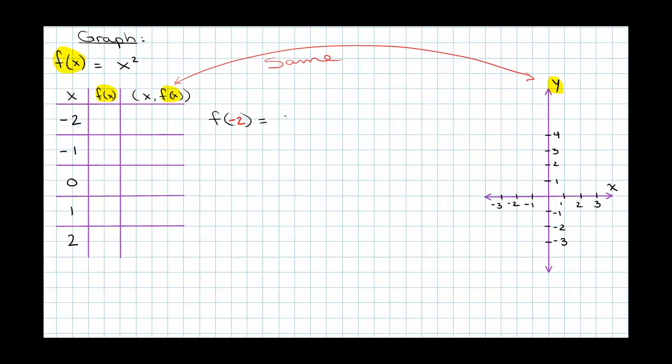So f of -2 is equal to -2 squared, which is -2 times -2, and that's going to equal a +4.